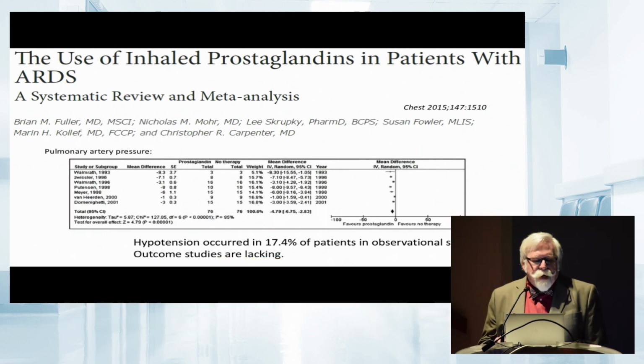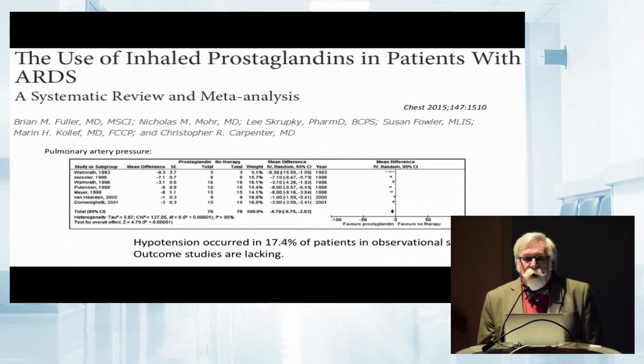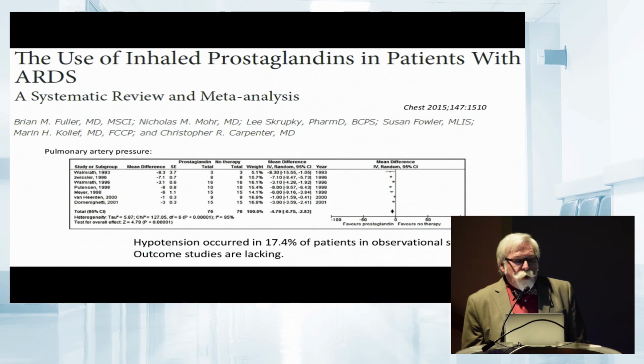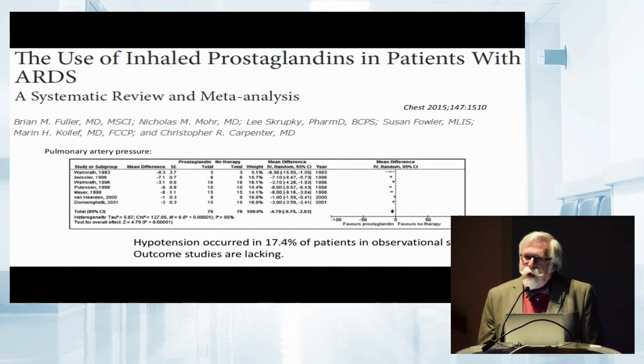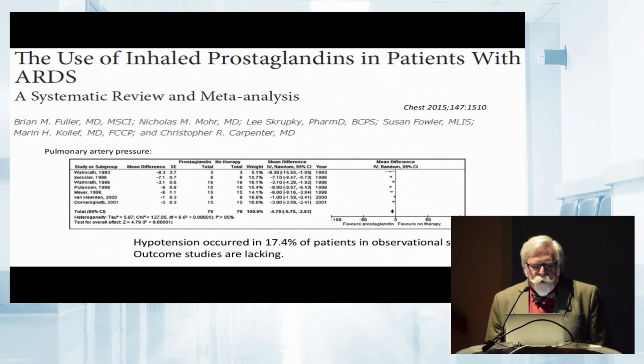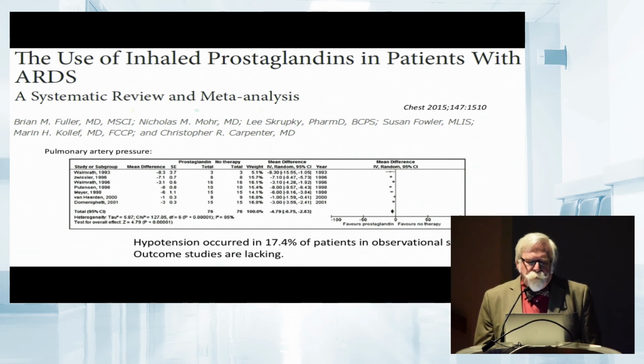In the same meta-analysis, they also showed that this was associated with a reduction in pulmonary artery pressure. So the degree of pulmonary hypertension was improved. However, they also found that in almost 20% of patients, about 1 of 5, there was hypotension reported.